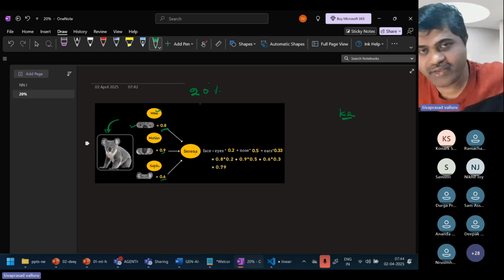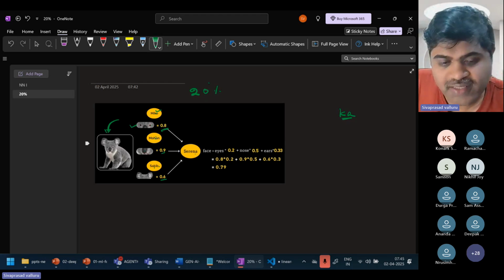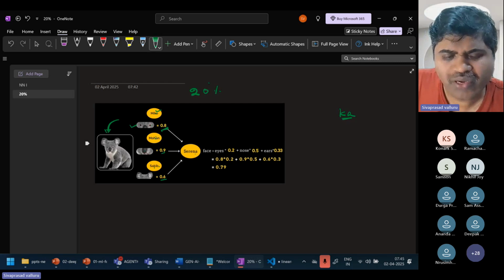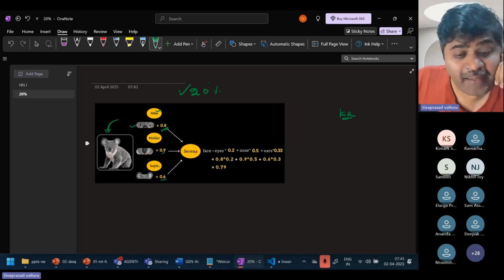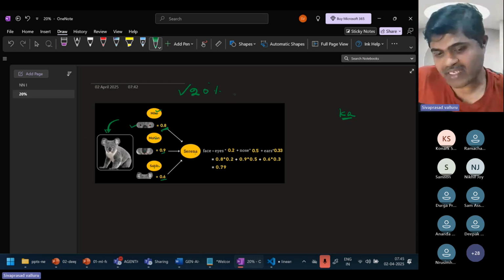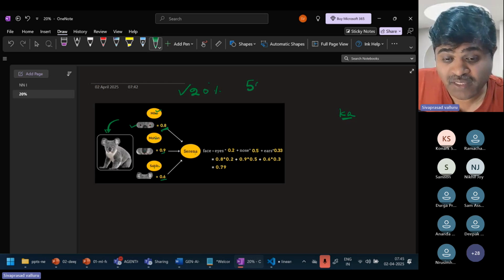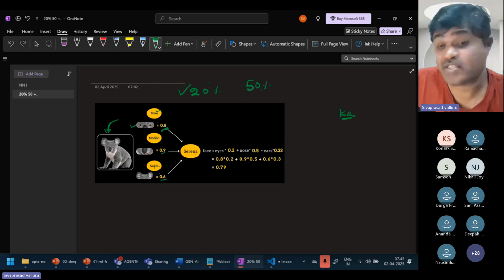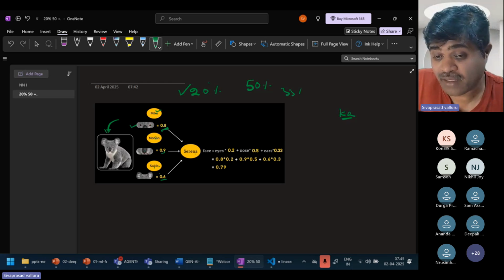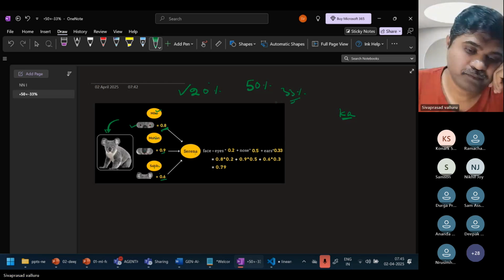Earlier, during the training phase, whenever he saw multiple images, only 20% of the time was Mike correct. Mohan was correct 50% of the time based on past experience, and Sakib was correct 33% of the time based on past data.